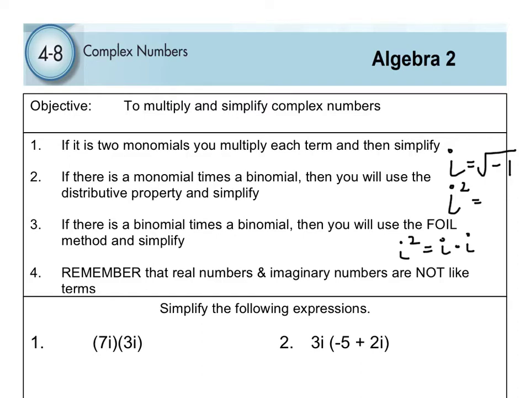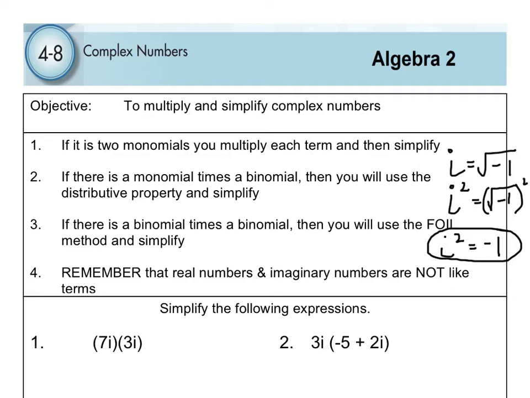Or I could say i is the square root of -1, and we want to square it. What happens to the square root and the square? They cancel each other out. So i squared ends up being a value of -1. This is important to remember when we simplify. Anytime you see an i squared, you're always going to replace that with a -1.